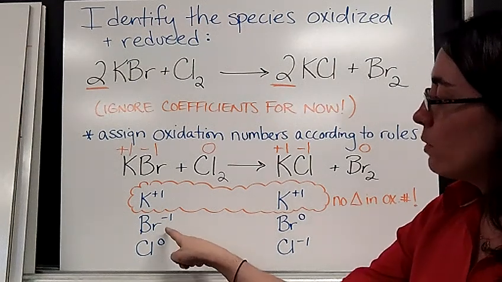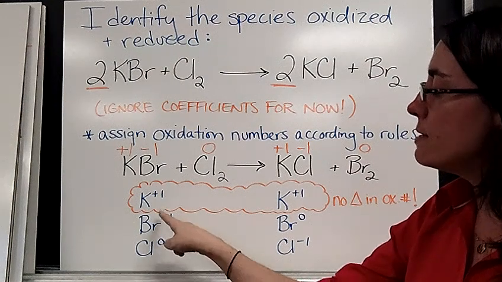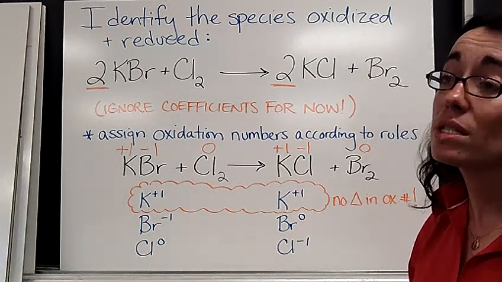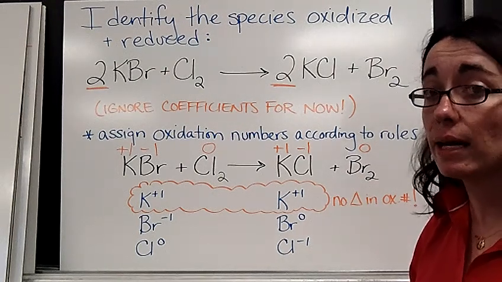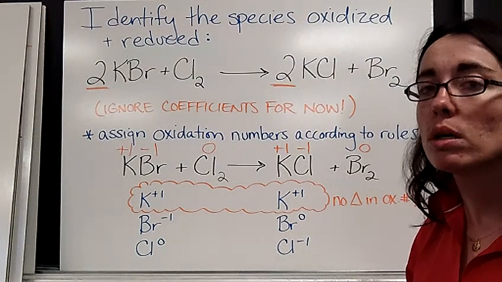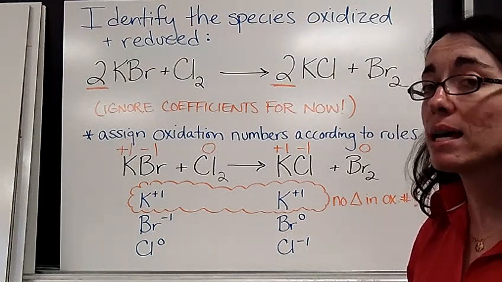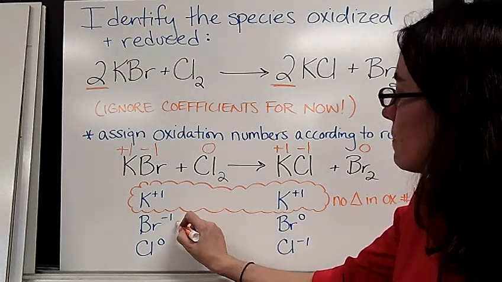All right, now the next element that we're looking at, the bromine, goes from a -1 to 0. Now it's not getting more negative, it's actually getting less negative, or you could say it's getting more positive. And so since this one is getting more positive, this is the thing that is oxidized.